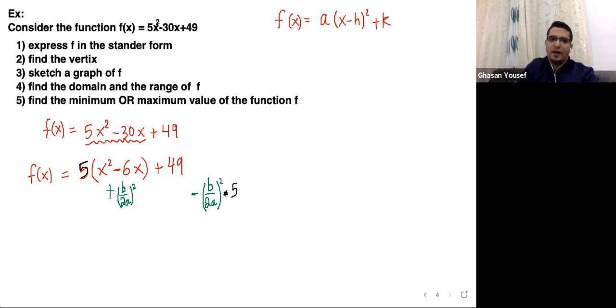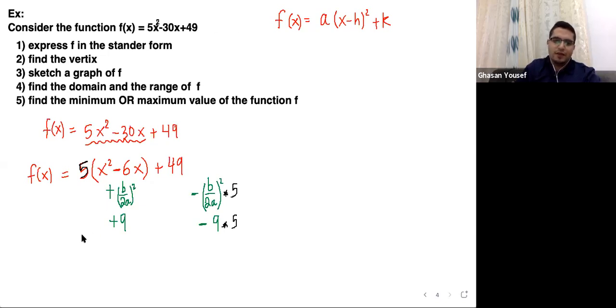So actually we have to add 9 inside the parentheses, and outside the parentheses I should subtract 9 times 5.